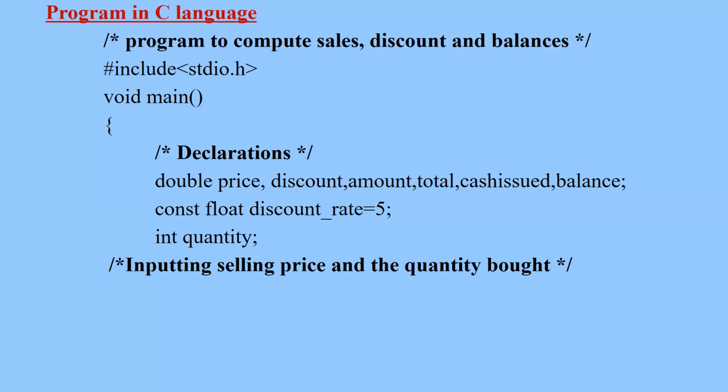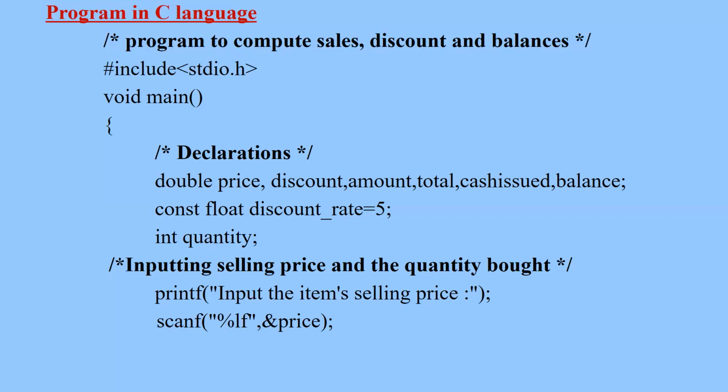So the next is a comment for inputting the selling price and the quantity bought. We request the user to enter the selling price, input the item selling price. This statement will be displayed on the screen. The next statement is to read the value that is going to be entered by the user, and we expect it to have a decimal point or a fractional part, and then we store it in the memory location called price.